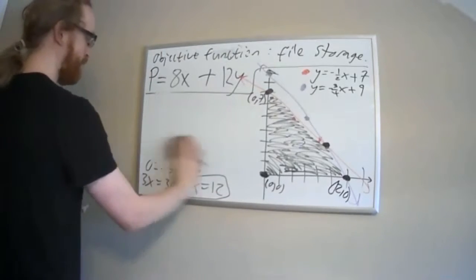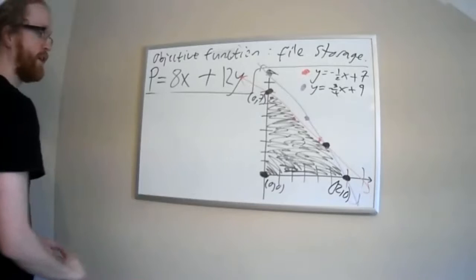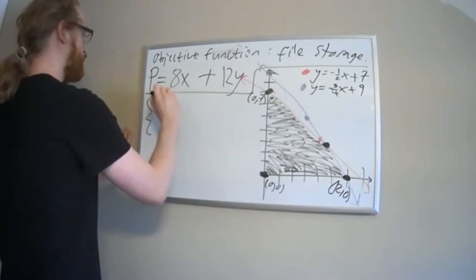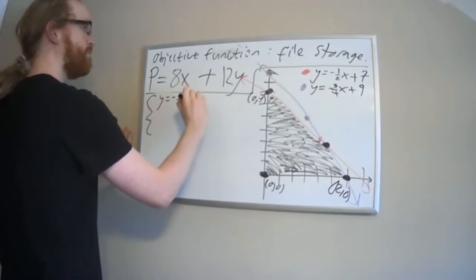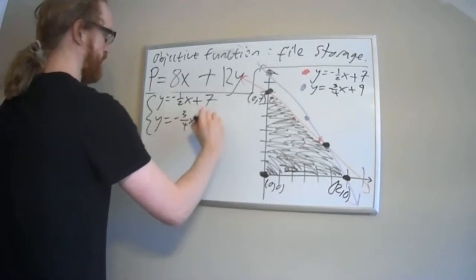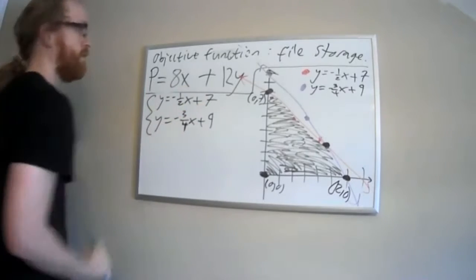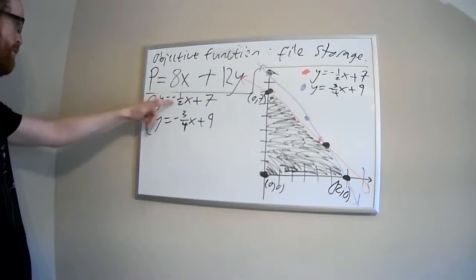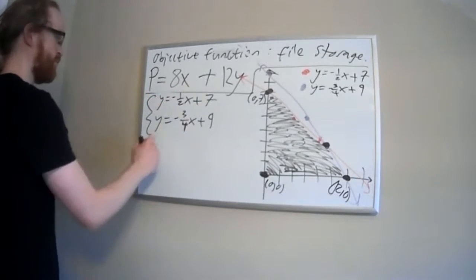Next, I need to find the last corner point. That's the intersection of the red line and the purple line. So again, to do that, I'm going to take the two equations, one for the red line and one for the purple line, and I'm just going to solve this system. So I'm going to substitute y equals negative 1/2 x plus 7 down here for y.